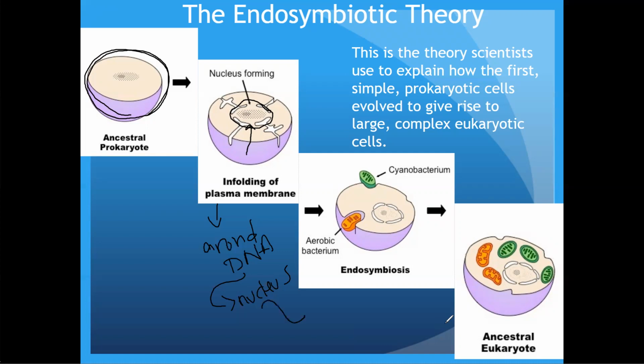But look at this. Over time, though, this cell started to swallow smaller bacteria that could do other jobs. So smaller prokaryotes that could do other jobs, this cell was like, you know what? I could use you. Let me eat you. So the larger prokaryote, this is still a single cell, ate smaller prokaryotes and said, hey, I could use your machinery.